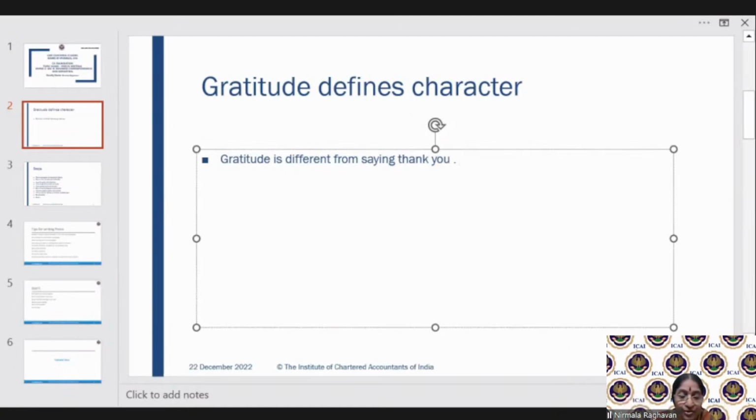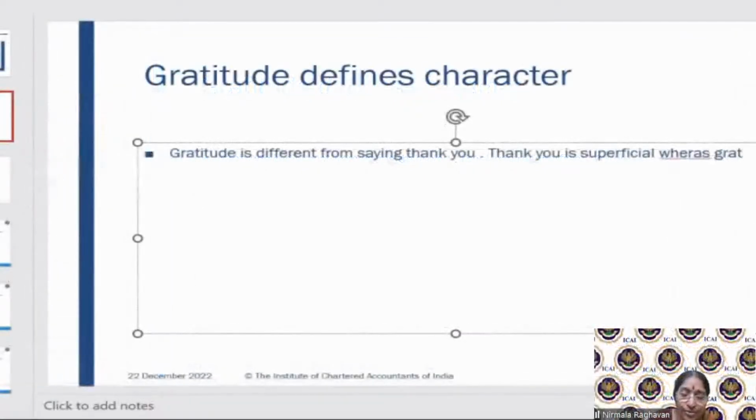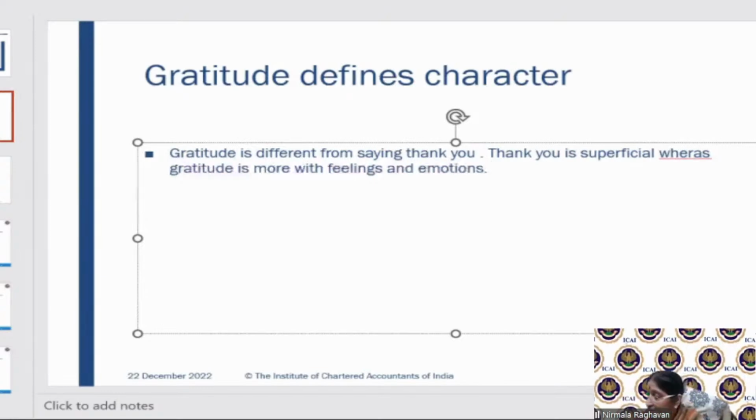Okay. Thank you is superficial, whereas gratitude is more with feelings and emotions. Okay. I am not saying it has to be just the same, but I'm saying more or less it should be close to what I write. Okay.